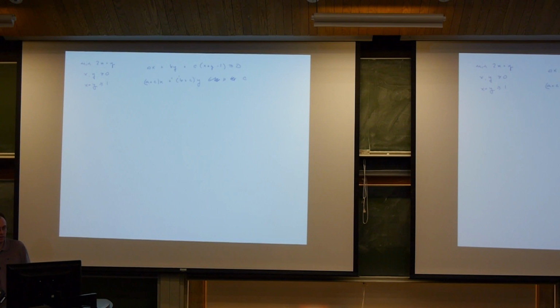Now this left-hand side I'm going to set equal to my objective, which means I'm going to match coefficients. So I get a plus c equals 2, and b plus c equals 1, the coefficient of y. And if that's true, we have that 2x plus y is greater than or equal to c, right?